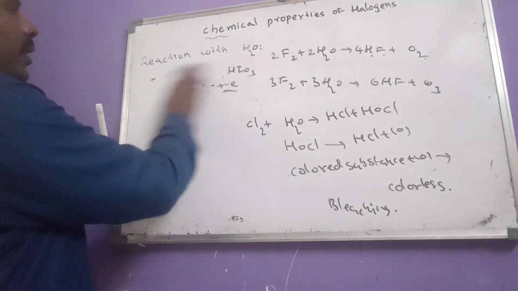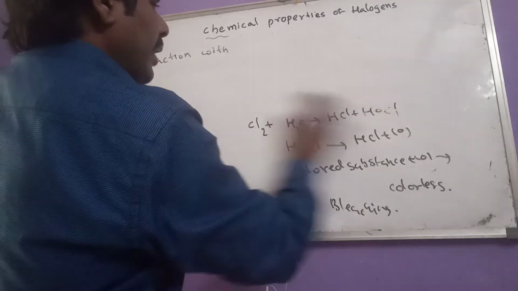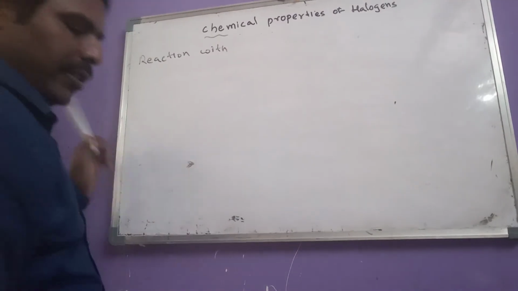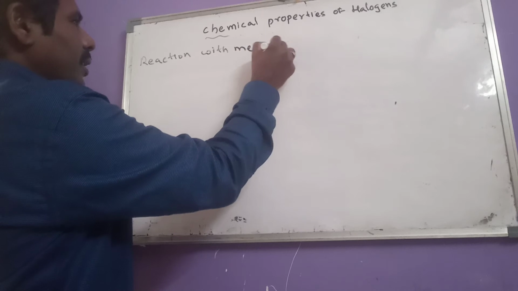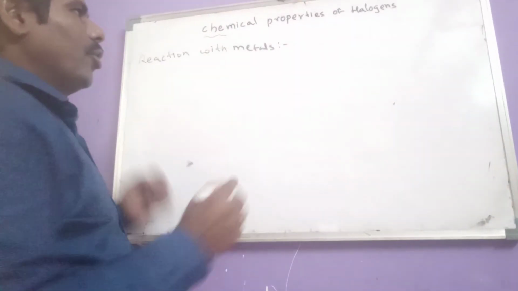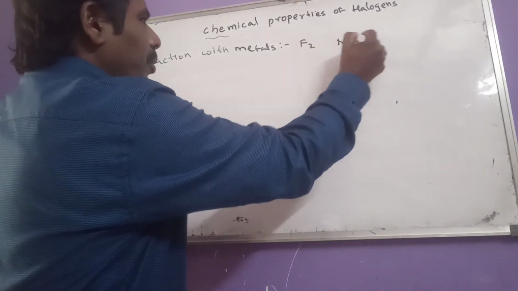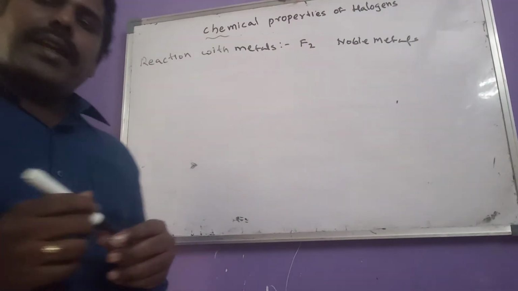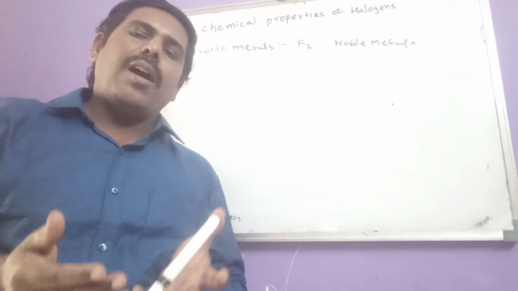Okay, then reaction with metals. How do halogens react with metals? Metals include alkali metals, alkaline earth metals, transition metals, etc. One important note: fluorine reacts even with noble metals like platinum and gold.